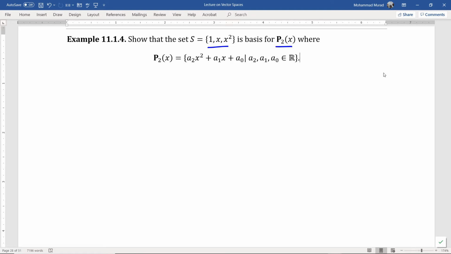Recall that P sub 2 is the set of all polynomials of this form: a sub 2 x squared plus a sub 1 x plus a sub 0, where a sub 2, a sub 1, and a sub 0 are real numbers. They can all be equal to 0.